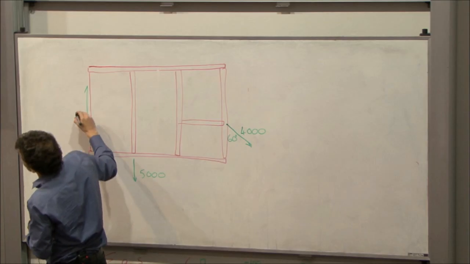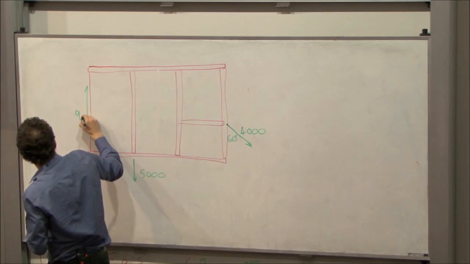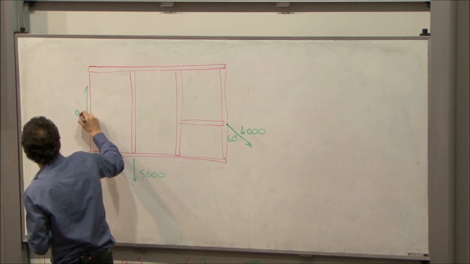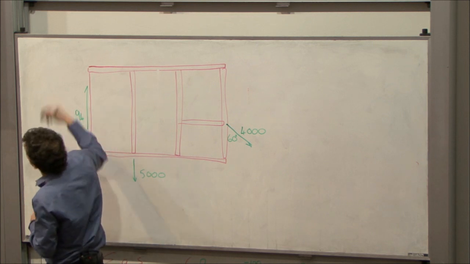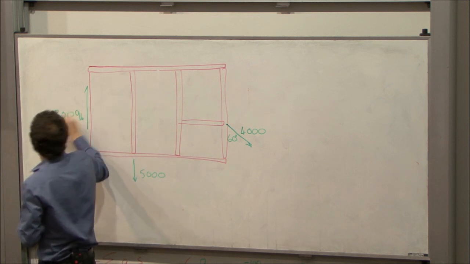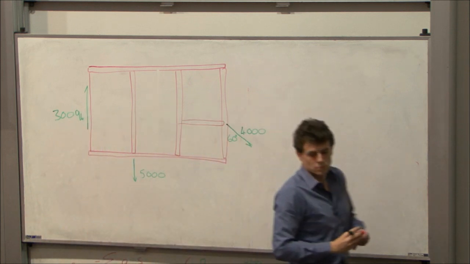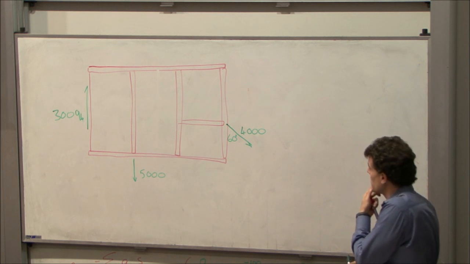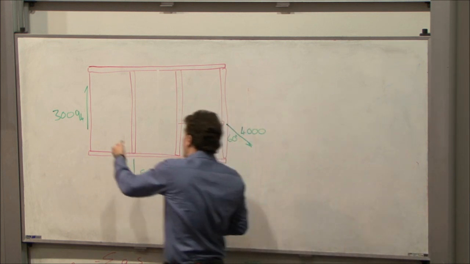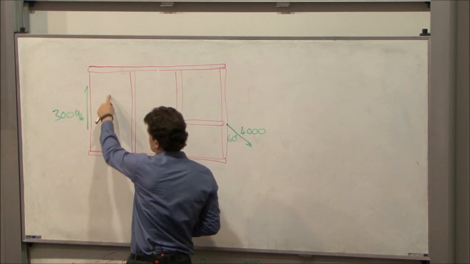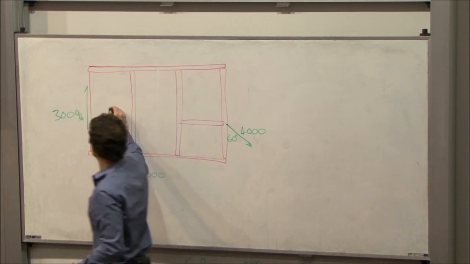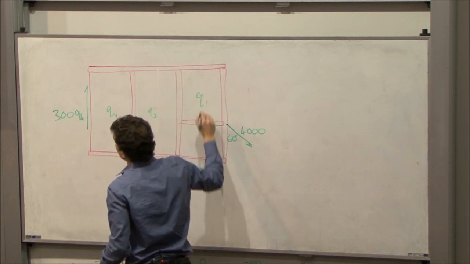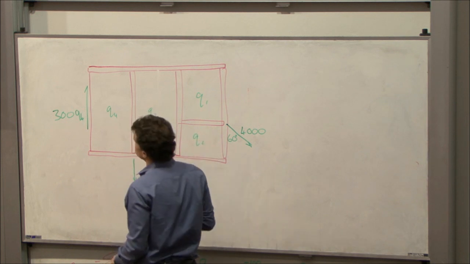There's going to be a force on this side, or a shear flow on this side, which is equal to Q4 times the height, which is 300. So the thing that's carrying this up vertically is the shear in this panel here. So this is Q4, this is Q3, this is Q1, and this is Q2.